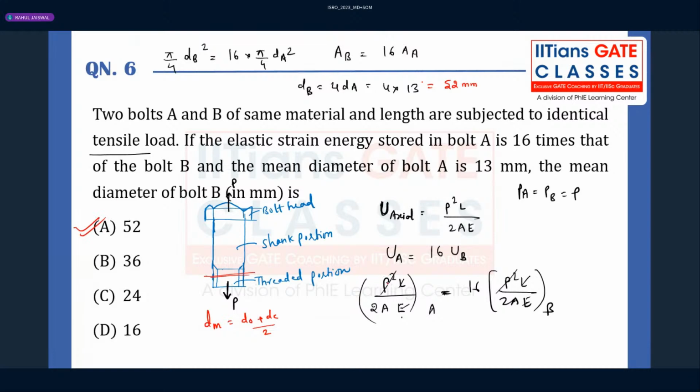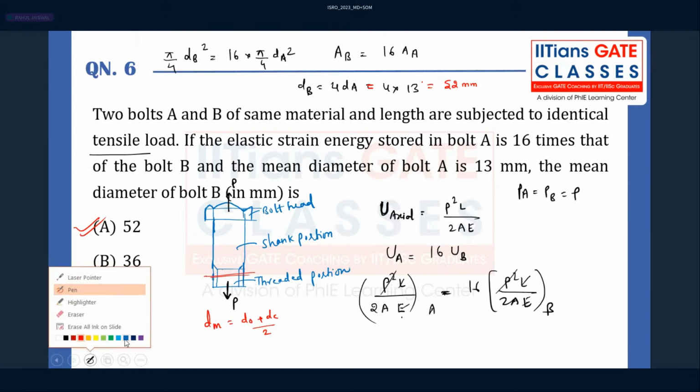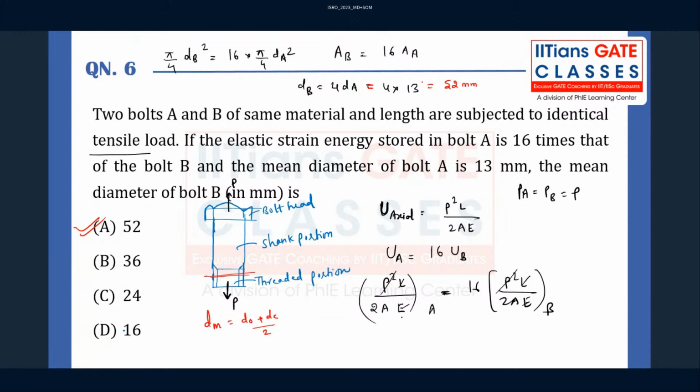A will be correct, right? See, this is the outer diameter.